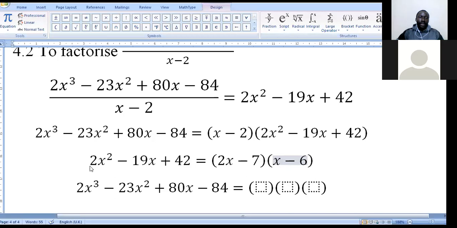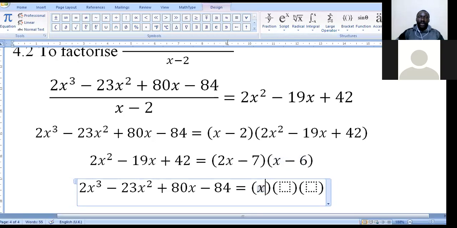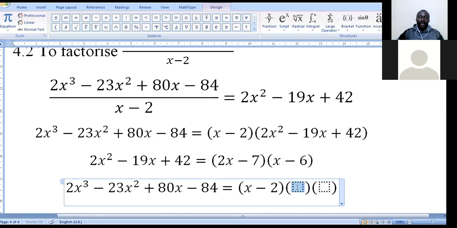Okay, so yes, this is what we are dealing with. Factorizing this will give us these two values, and so we can substitute them right inside here, so that for the first bracket we have x minus 2. Then the second bracket will be 2x minus 7.